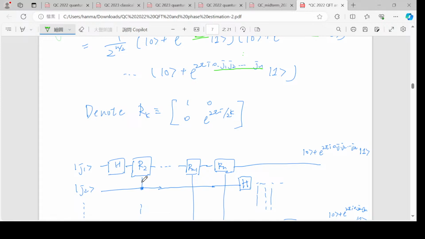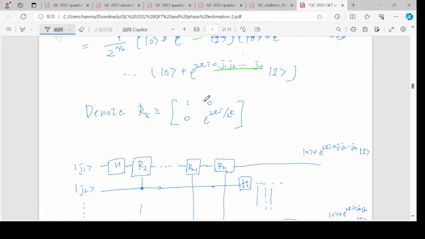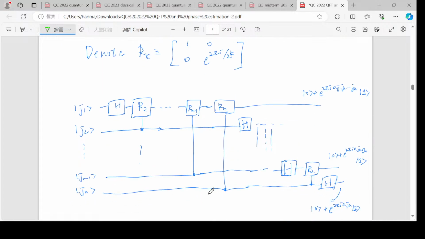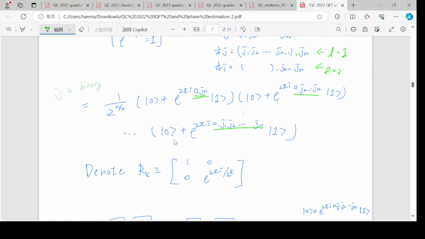And then with this R2, we'll add this j2 here. So we control on this j2 and do R2 here, and you will add this j2 here. And all the way, then we do control R3 and we add j3 here, and all the way to we control on jn to do Rn, so we will add jn here. And so we will bring the first qubit into the desired form here.